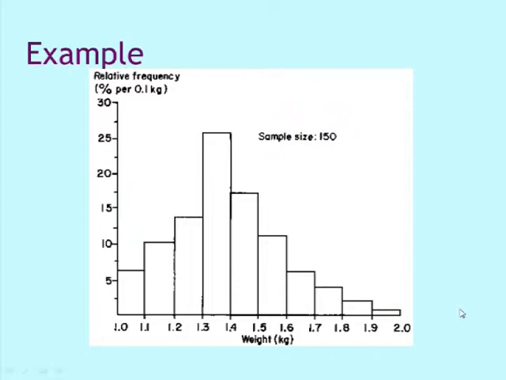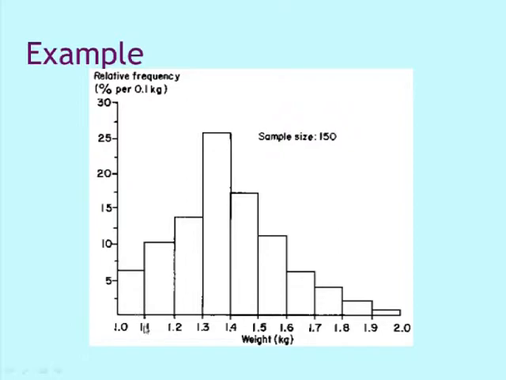Now, why is there no gap between the bars? The reason is that in this particular case, weight, which is a continuous variable, has been captured in that way. What do I mean by this? When you consider the class interval 1 to 1.1, the entry of 1.1 will not be in this category.